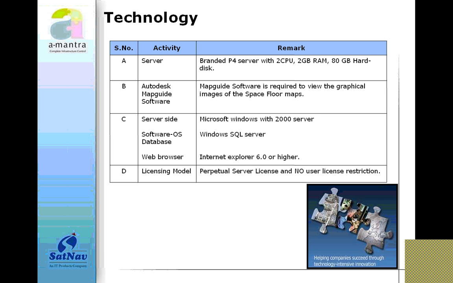And amantra is the only facilities management product that provides a perpetual server license without any user restrictions. So any number of users, any number of locations, you can use with one perpetual server license.